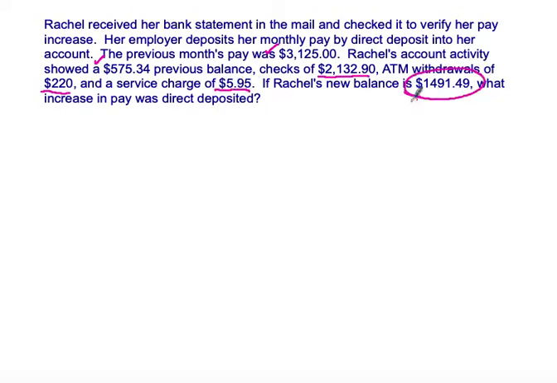On her bank statement, it gave her a new balance of $1,491.49. What we want to figure out is how much her raise was. So we know that the raise is going to be added in. I'm going to set up a variable and let X be Rachel's pay increase.